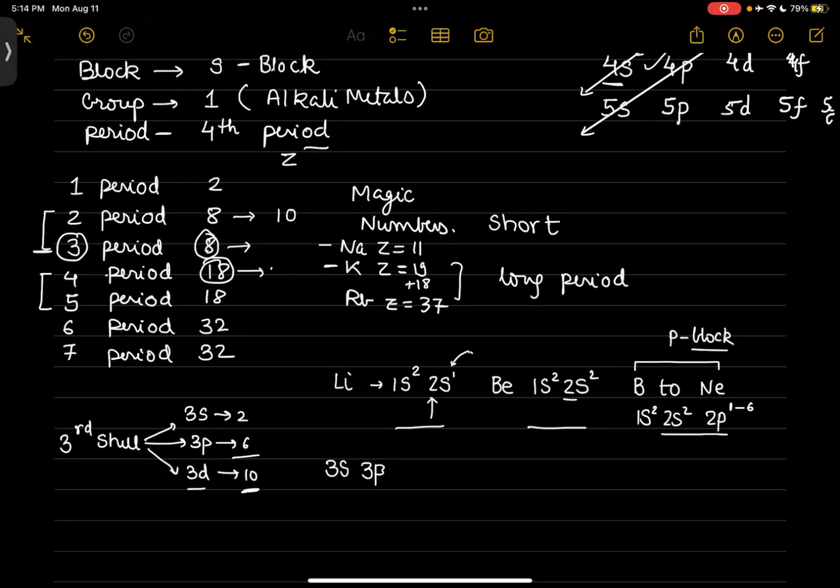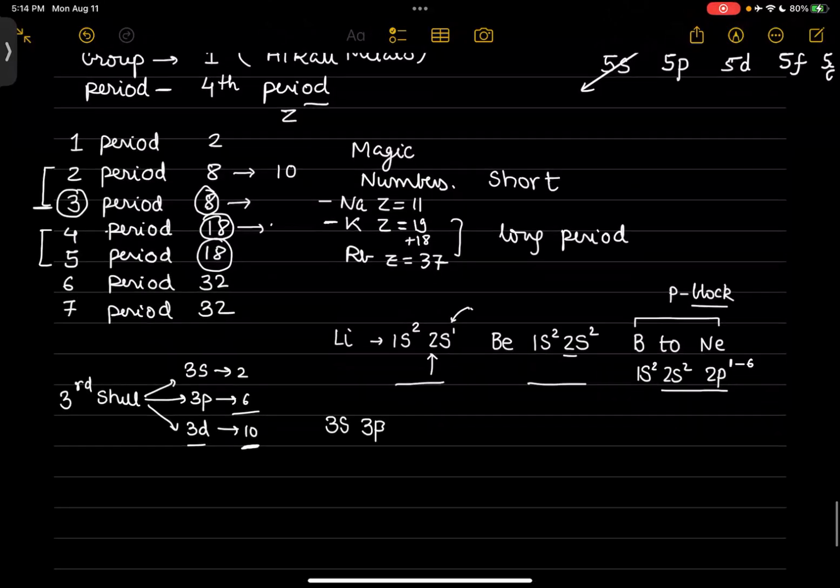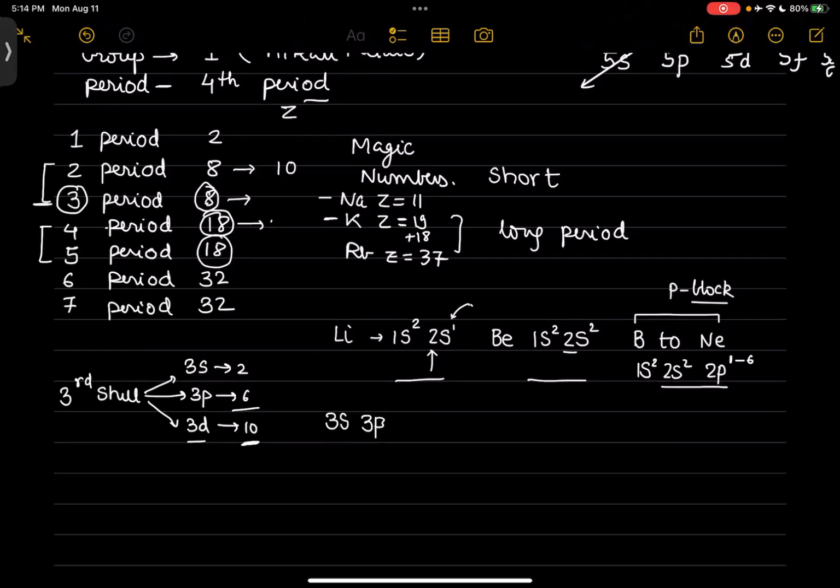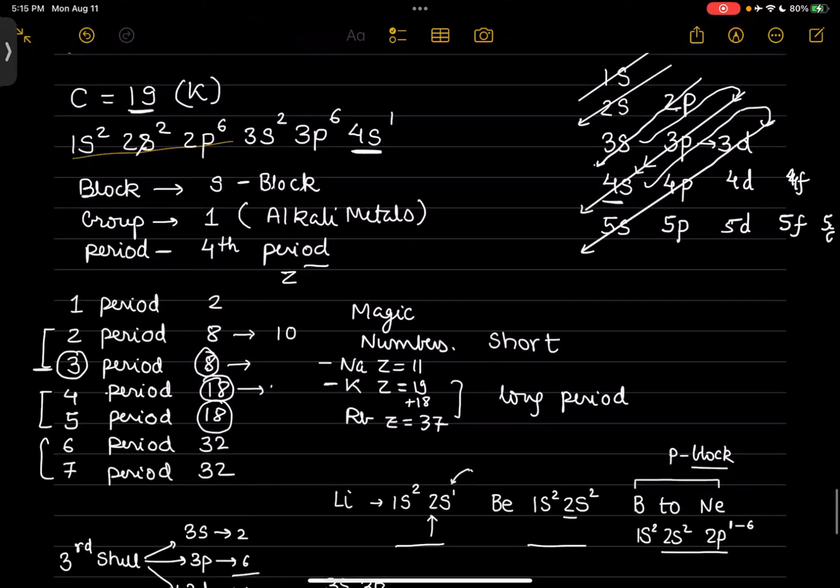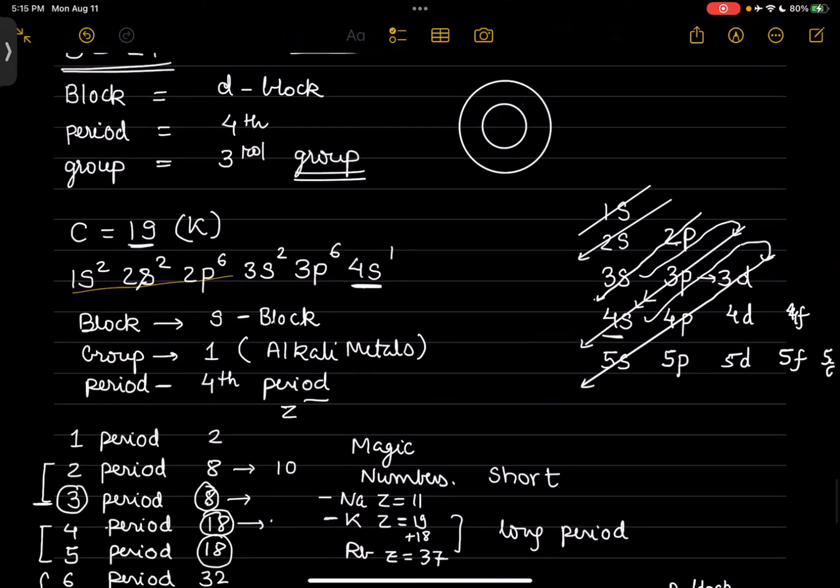Because 18 elements are there, and they have the S subshell, the P subshell, and not only S and P, the D subshell is also being filled in them, right? In the sixth and seventh periods, the F subshell is being filled. Look: 3D, 4P, 5S. After 5S, you will have 4D, 5P, 6S.